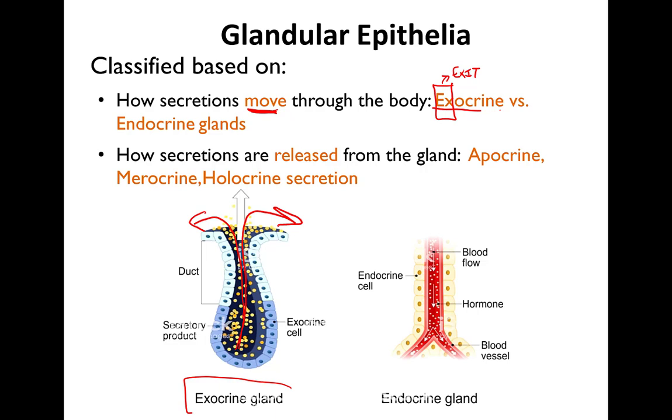Now in contrast, endocrine glands release their secretions inside the bloodstream, endo meaning inside. So think of this as being more contained. If you look at the diagram down here on the right, this is what endocrine secretion looks like. You have endocrine cells that occur alongside blood vessels and release their product into the blood vessel.